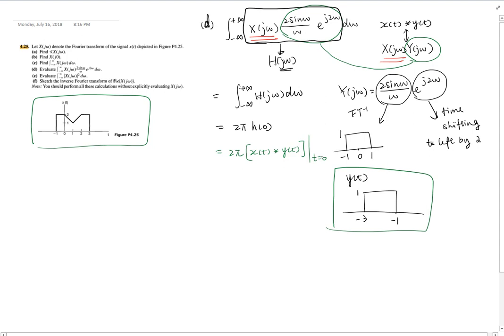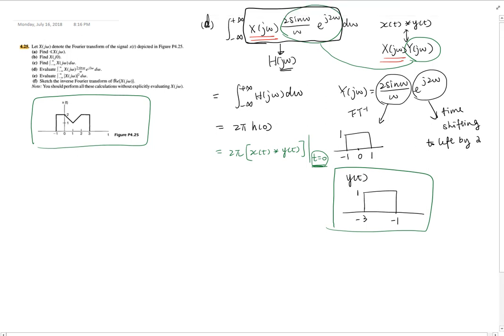Notice this part. Don't do the convolution for x(t) and y(t) first. I mean, you could do it, but it's going to take a lot of time calculating all the intervals, and mistakes might happen along the way. So be smart and look at this condition here, t equals 0.